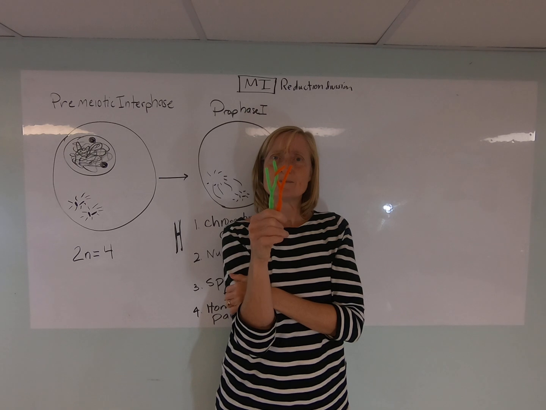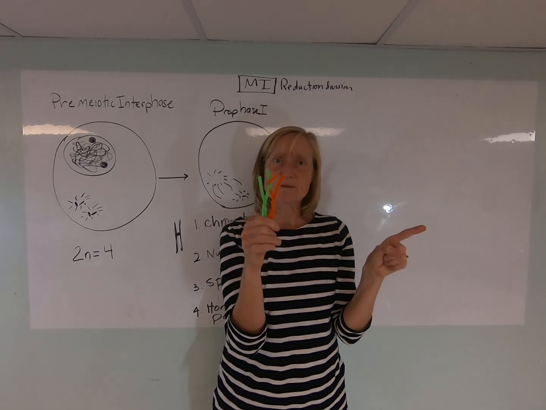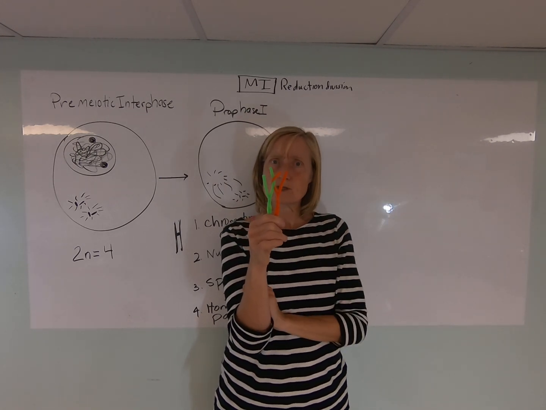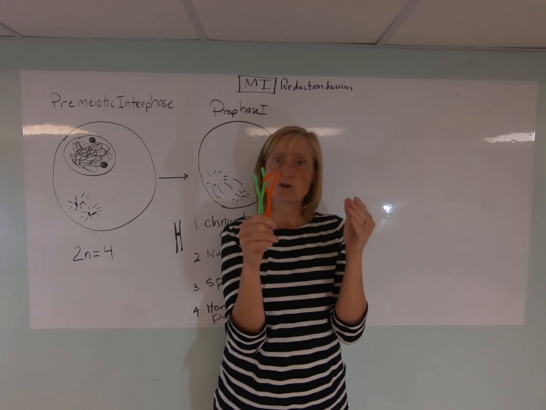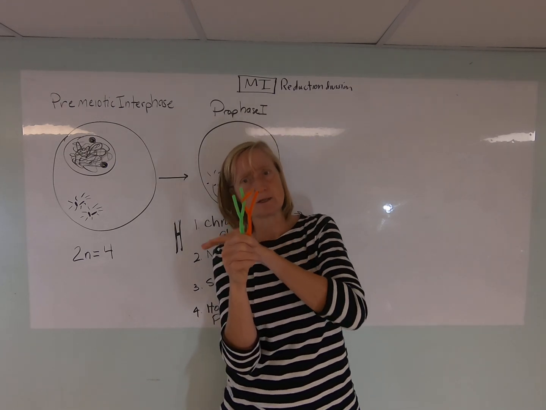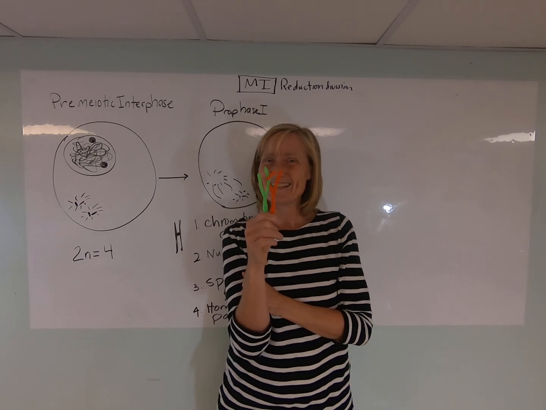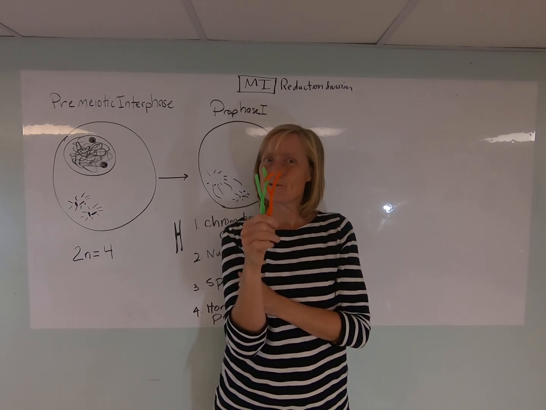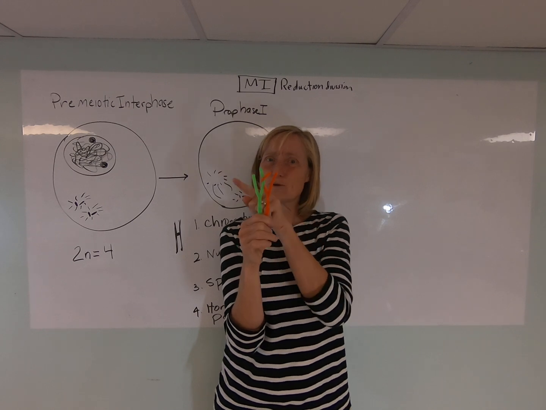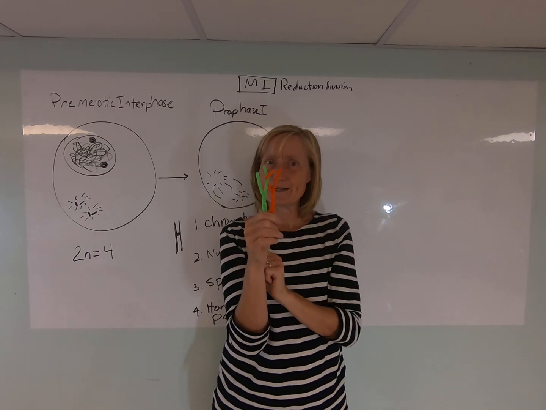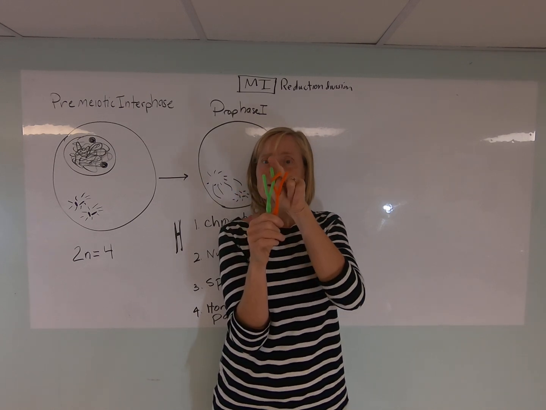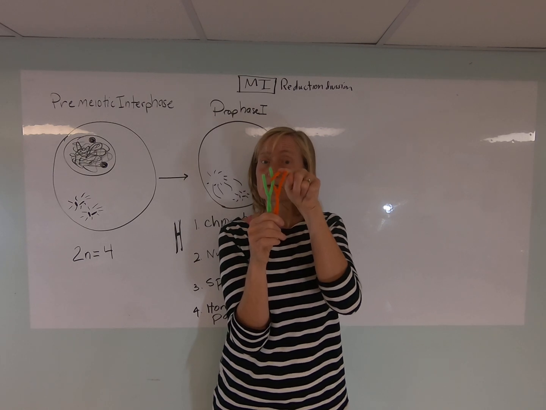Sometimes genetic material is actually swapped between the chromosomes. So a little bit of the orange chromosome ends up on the green chromosome. A little bit of the green chromosome ends up on the orange one. What that leads to is genetic variability in our chromatids. They're not all genetically identical anymore. The 2 green ones aren't identical because the green one gets a little bit of orange.